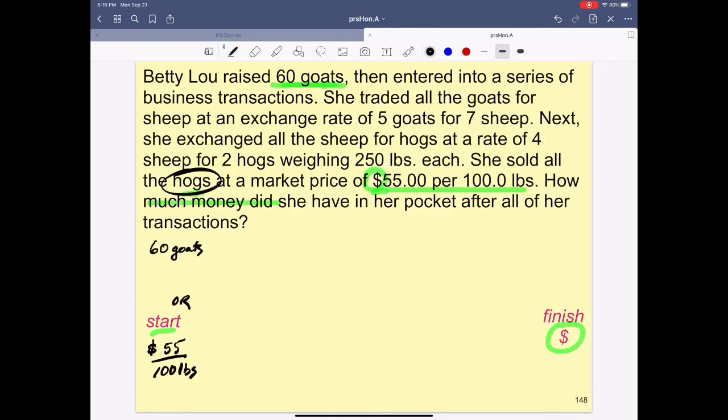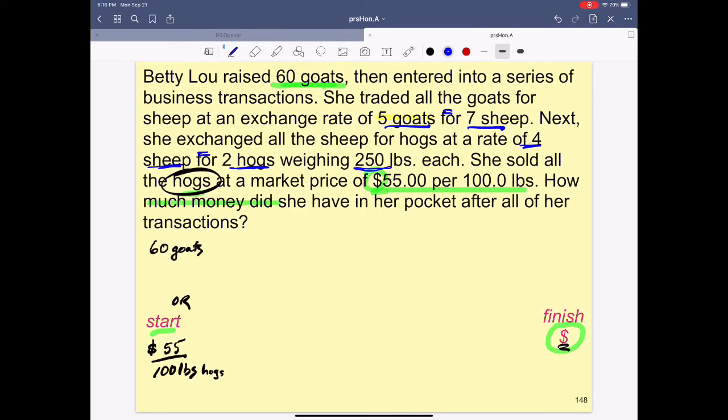So if we're going to get from goats to money, but money for these is, of course, for hogs, then we need to use some of the conversion factors. We can see that 5 goats equals 7 sheep. We can see that 4 sheep equals 2 hogs, and those hogs weigh 250 pounds each.